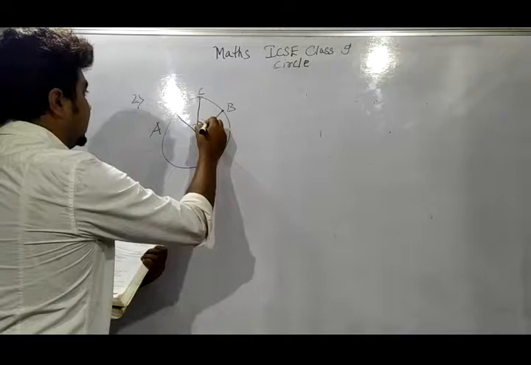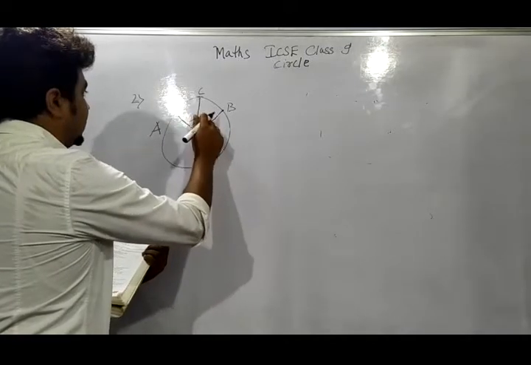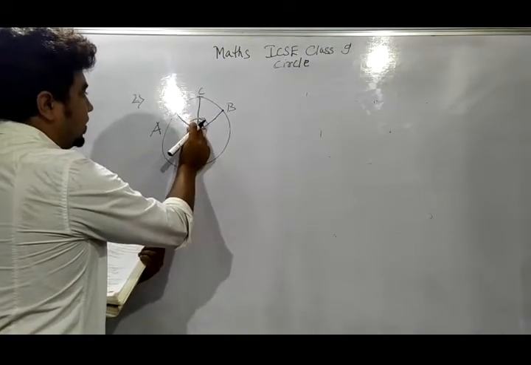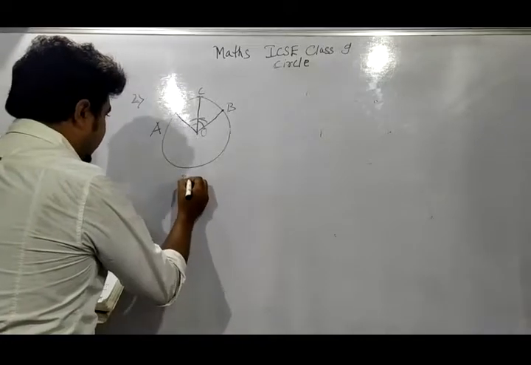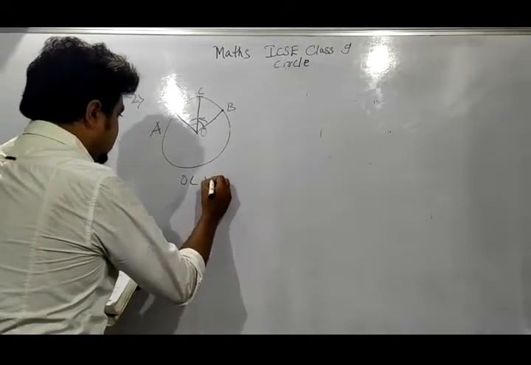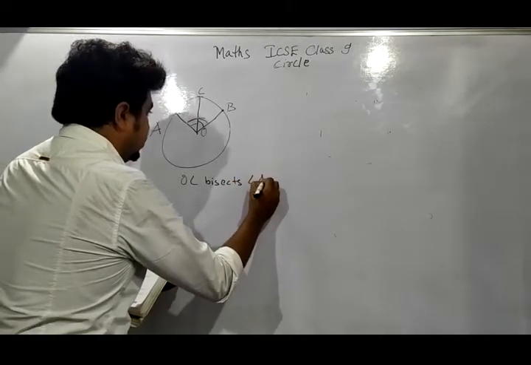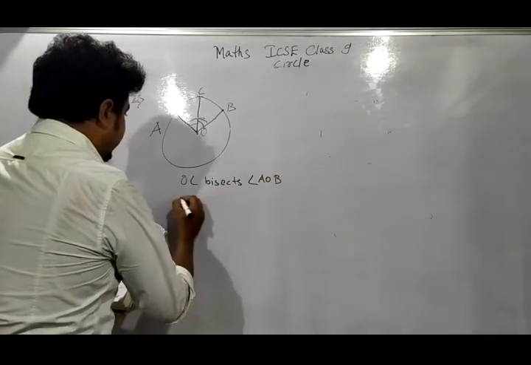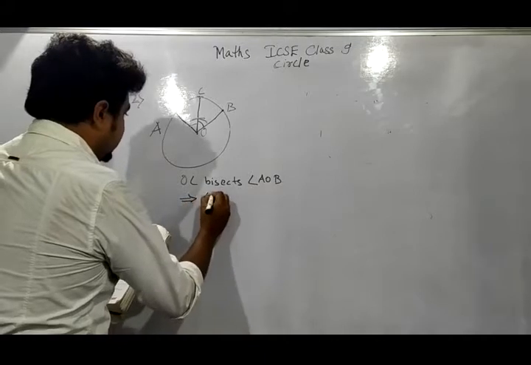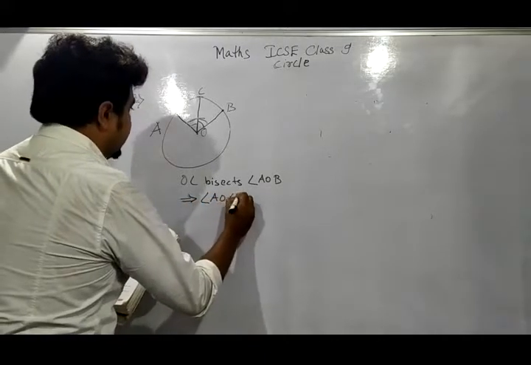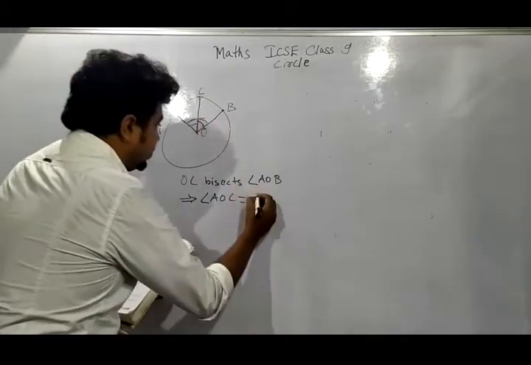This entire angle is getting bisected, meaning OC bisects angle AOB. That implies I can say that angle AOC is equal to angle COB.